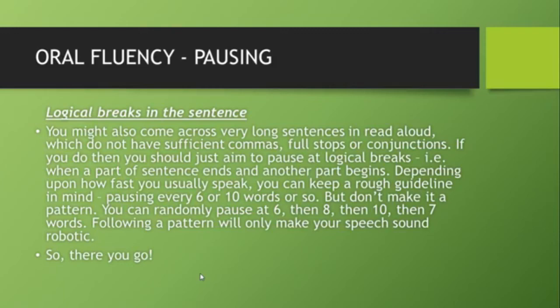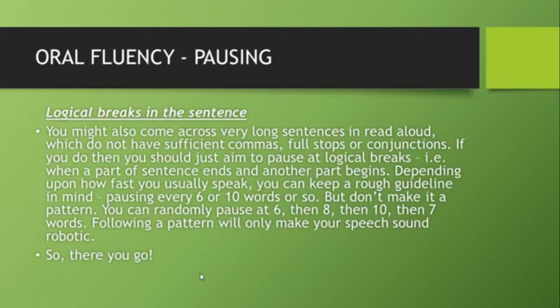So when a part of the sentence ends and other parts begin, depending upon how fast you usually speak, you can keep a rough guideline in your mind. I also mentioned earlier with an example that there have to be highs and lows and ups and downs in the frequency of the sounds of the speech that you are emitting, because you do not at any cost have to sound like a robot. Let's say the pattern you are choosing is pausing or stressing every seventh word or third word.